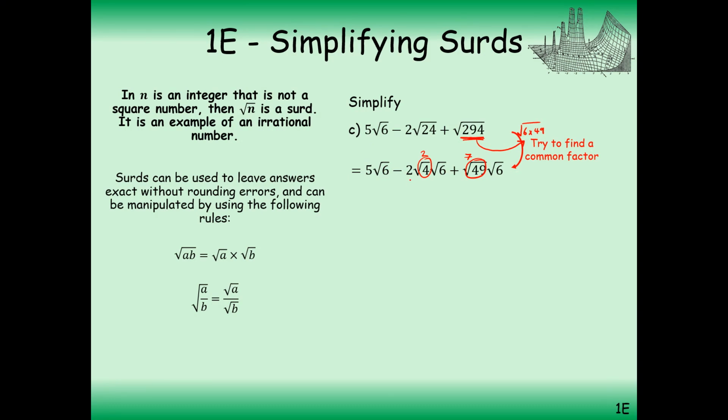So now we basically have 5 root 6 minus 4 root 6 plus 7 root 6. So if we rewrite that, it's like adding apples with each other. 5 minus 4 plus 7 is 8. So the final answer is 8 root 6.